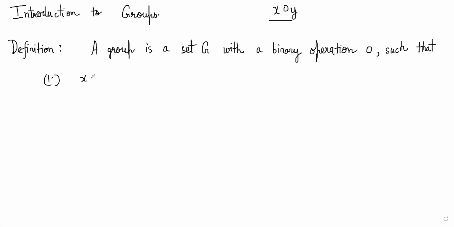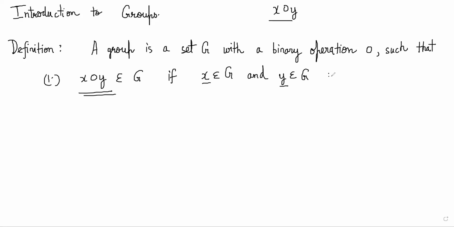So x dot y belongs to the set G if x belongs to G and y belongs to G. So this says that as long as both x and y are elements of the set, if you use the binary operation on those two elements from the set G, the output, which is x dot y, also belongs to the set G. So you cannot end up going outside the set G if you take elements from the set G and use the binary operation.